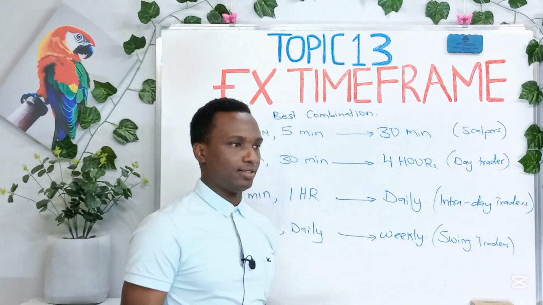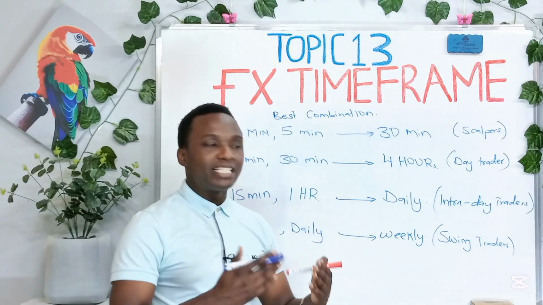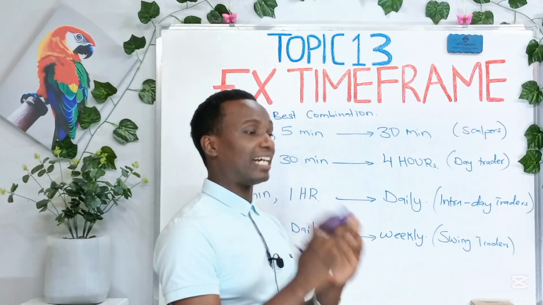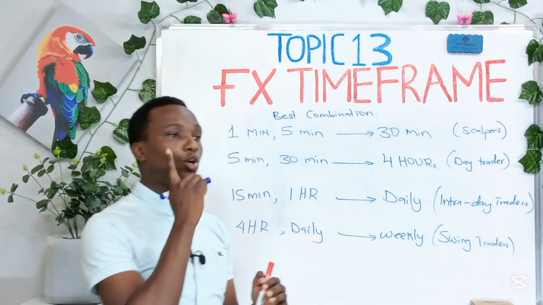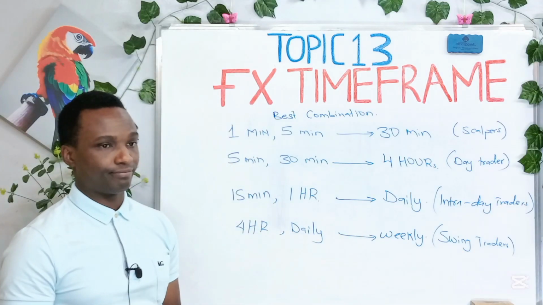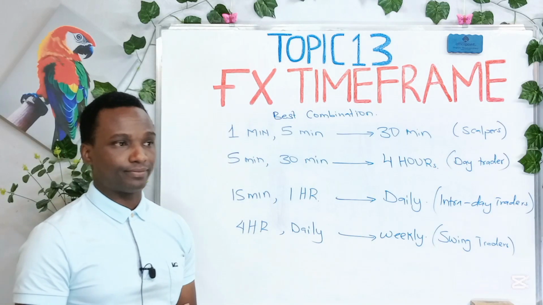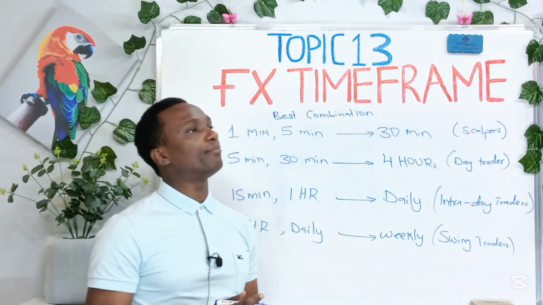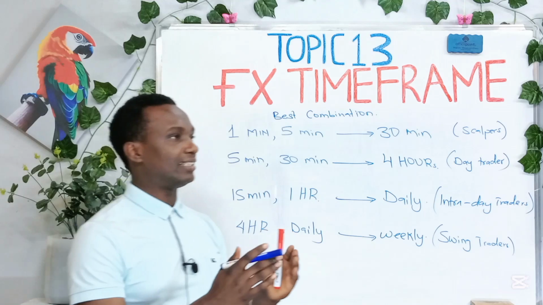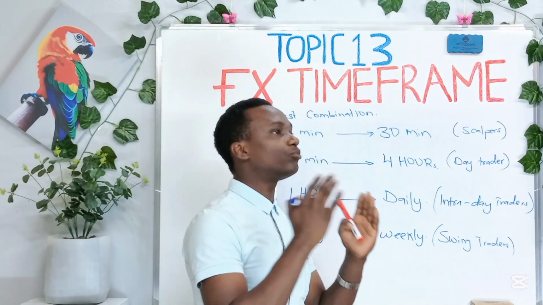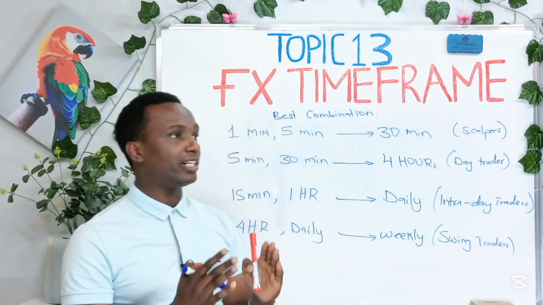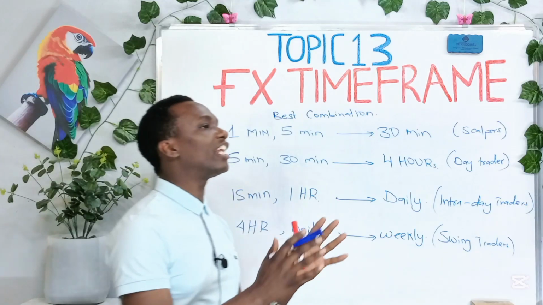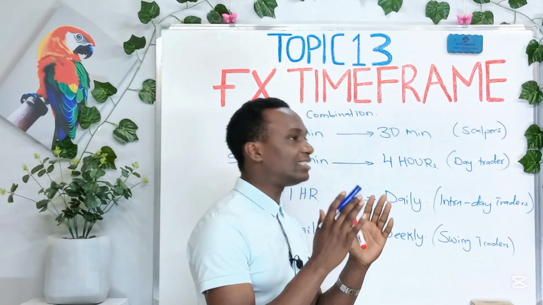So typically, a trader makes use of one higher time frame and one lower time frame. Is that right? So the higher time frame is used to analyze the longer term charts and trend context in order to get a general sense of the market direction and sentiment.